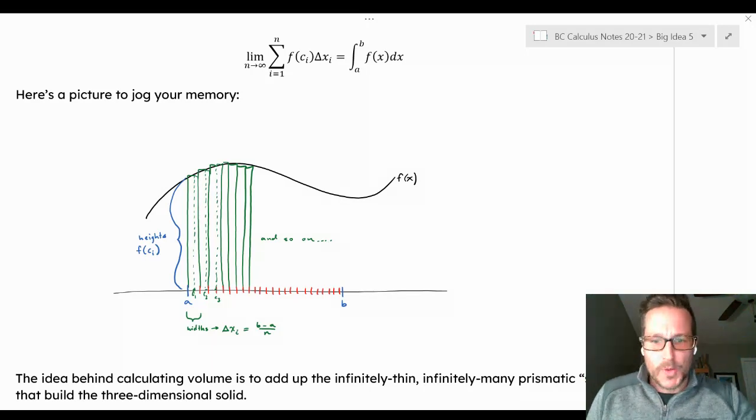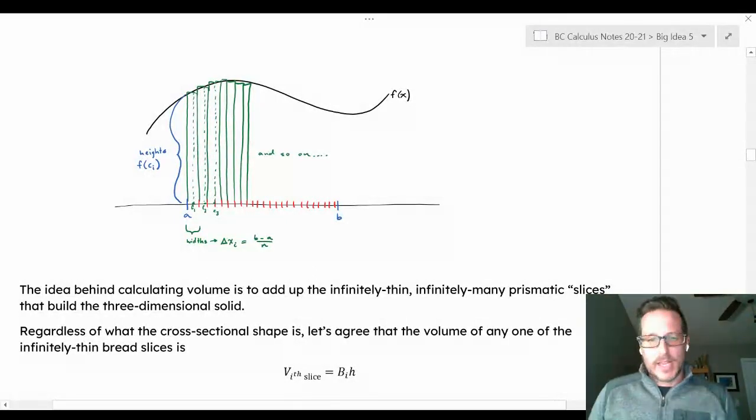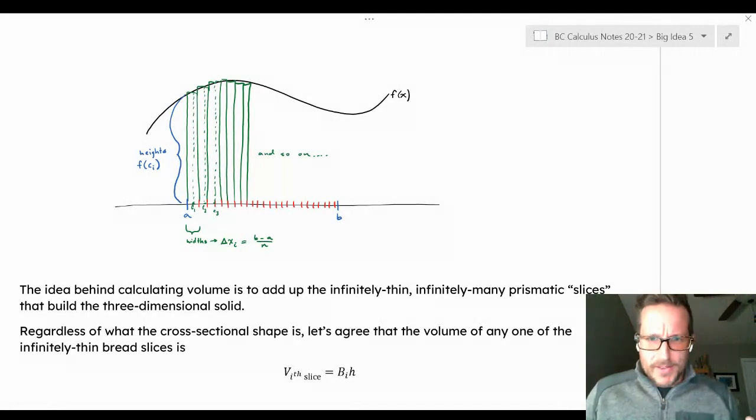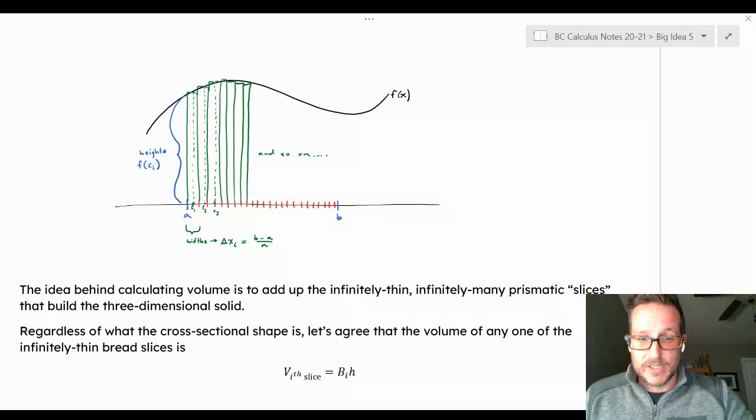We know it's going to turn into a definite integral. So what we want to do is add up these little slices, almost like a loaf of bread, right? That is just sliced infinitely thin into infinitely many pieces. And we want to calculate the volume of each little bread slice.